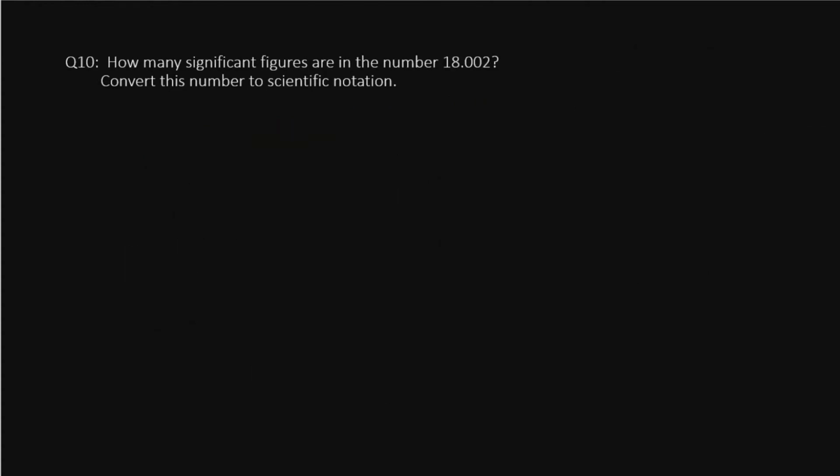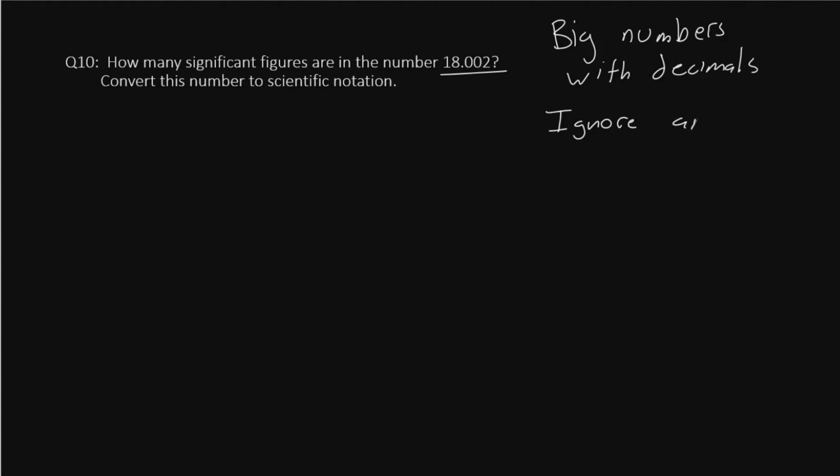Now let's try another example. In this number, we have a fairly big number, 18.002. So let's talk now about big numbers with decimals. In this case, you would ignore any leading zeros, but keep any trailing zeros.